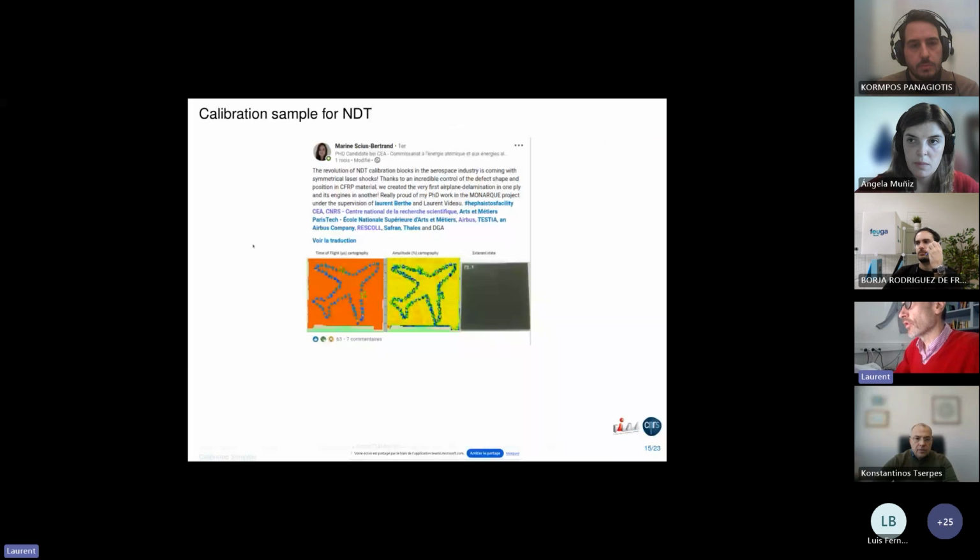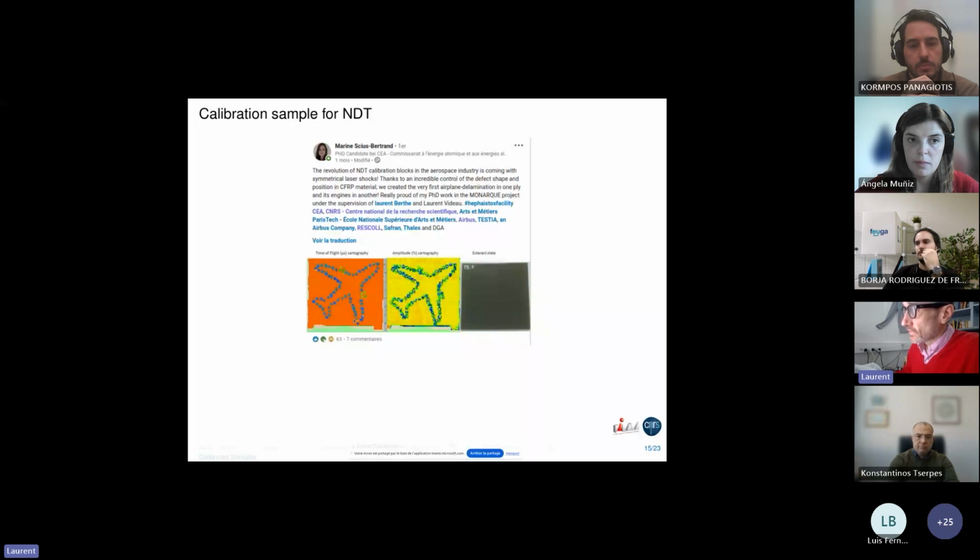In the framework of Laurent Berthe's PhD, we have done a large part. This is a 10 centimeters by 10 centimeters laminate, and in fact we create 72 damages inside the material.